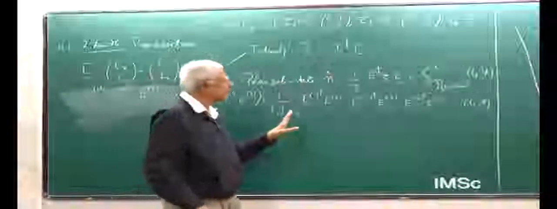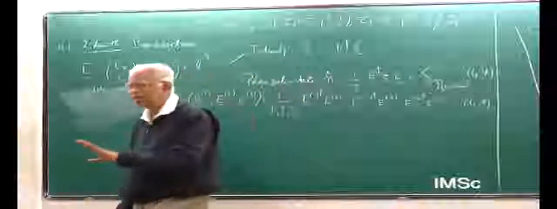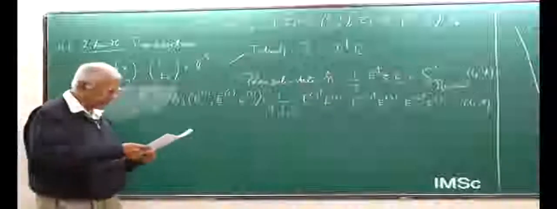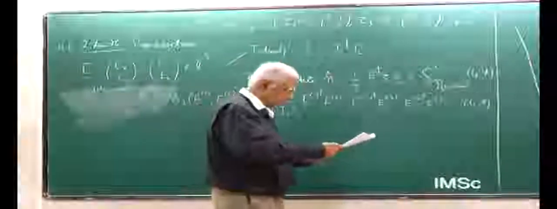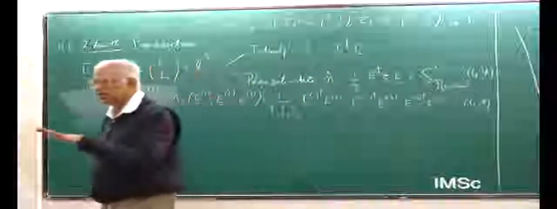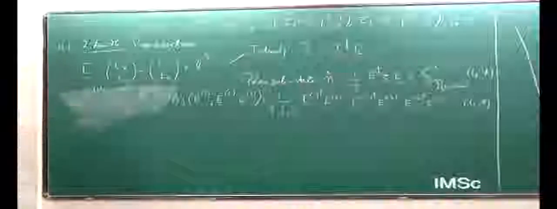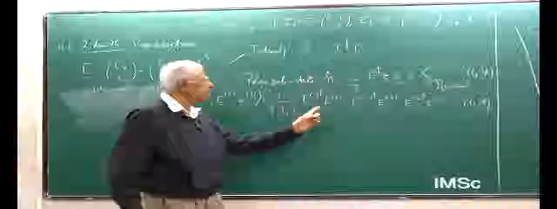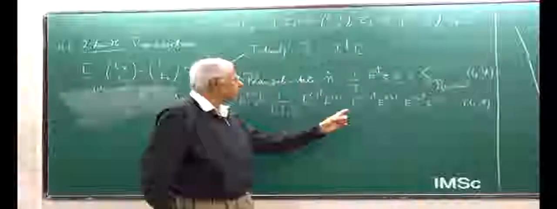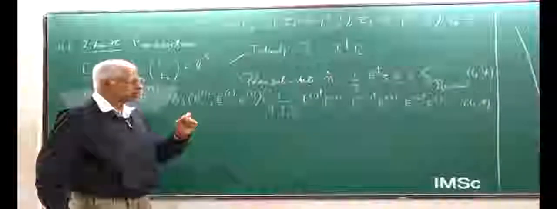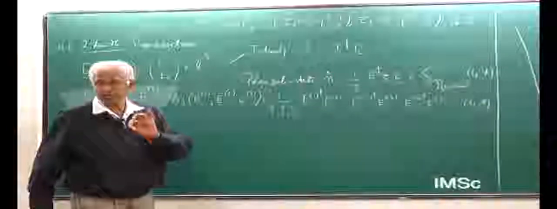Once you have done this much, there is no more freedom to play around with phases. And what you will see is that in general, E1 and E3 will not be in phase with one another, precisely because in general, this third order Bargmann invariant is a complex quantity. So 1 and 2 being in phase with one another, 2 and 3 being in phase with one another in the Pancharatnam sense will not tell you that 1 and 3 are in phase with one another.